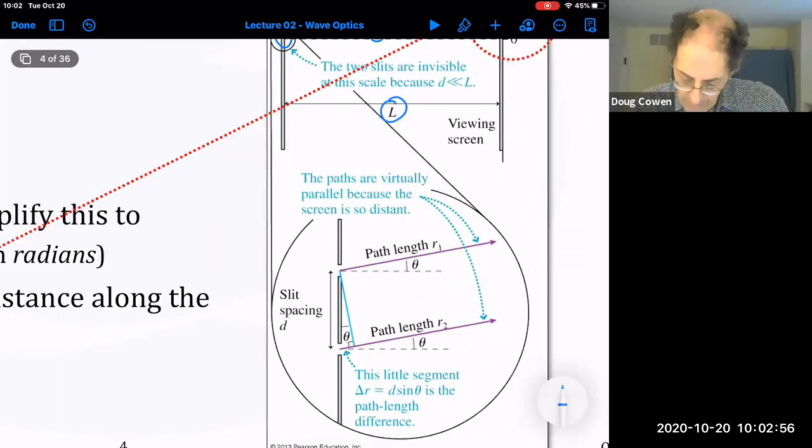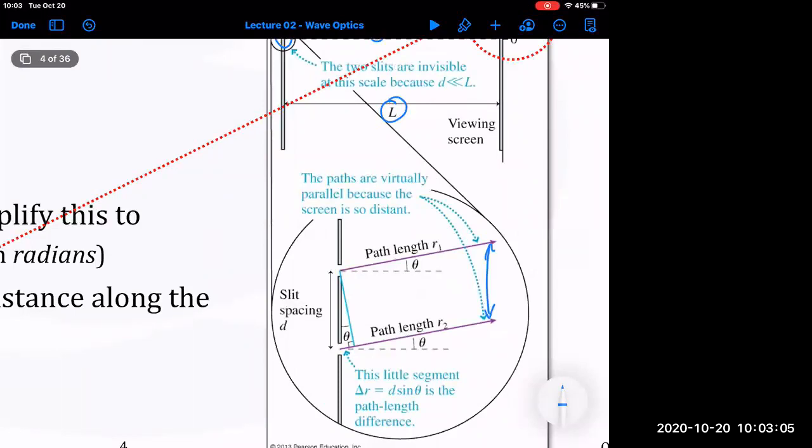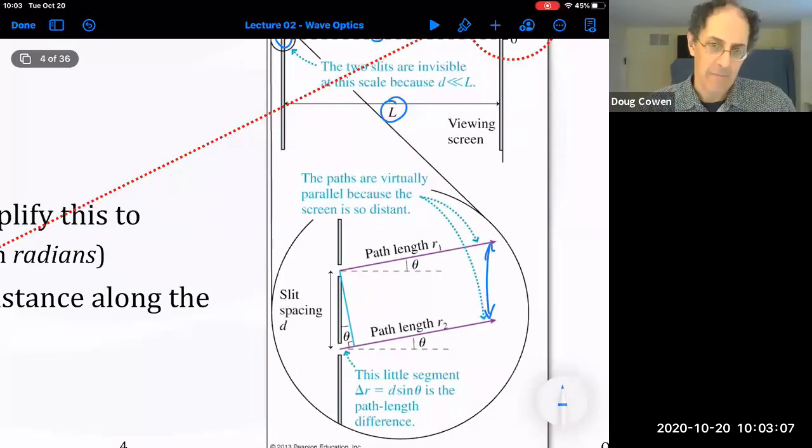So first of all, this distance here is equal to what? D. Right. And that d is going to be tiny compared to how big the fringe is on the wall. So these two rays are going to end up effectively at the same place on the screen, separated by a tiny little distance d, if they travel in exactly a straight line.